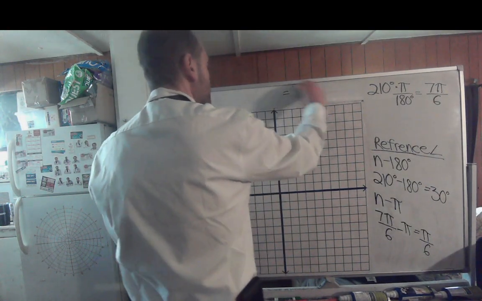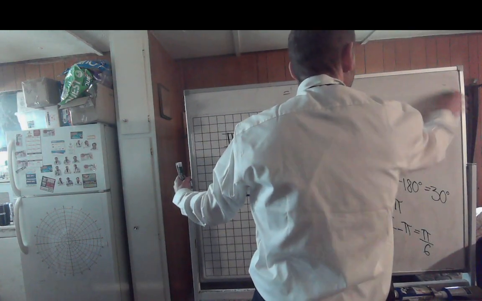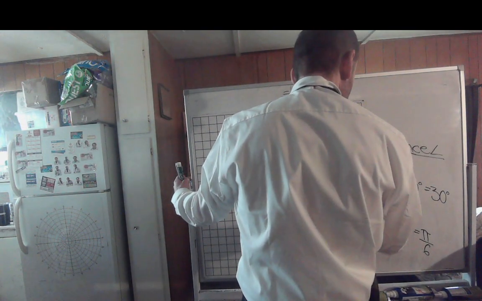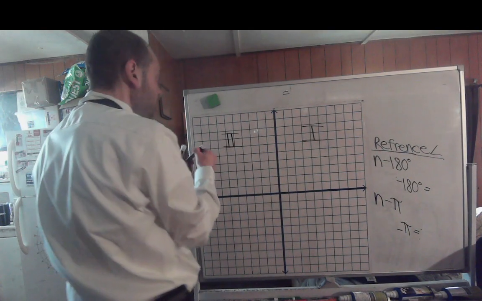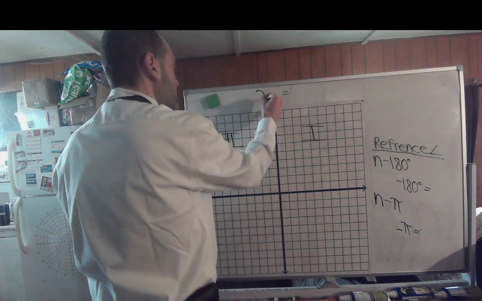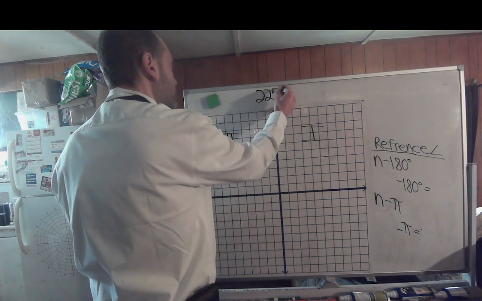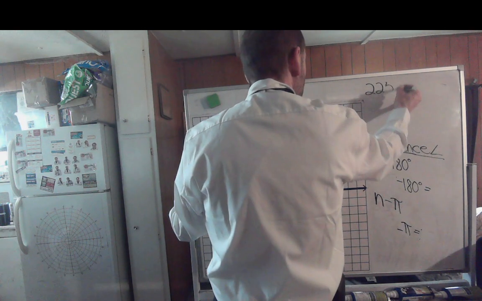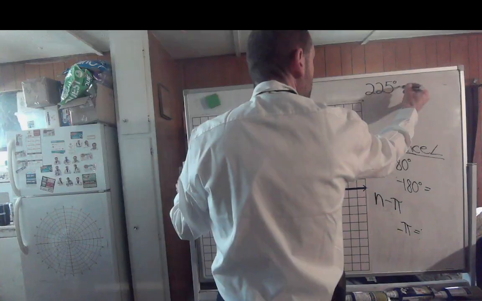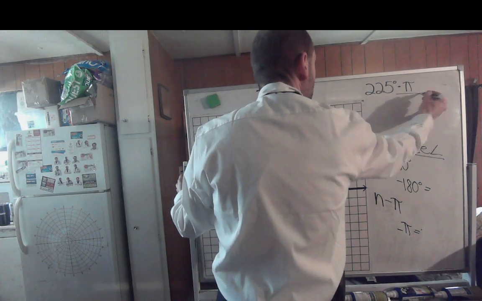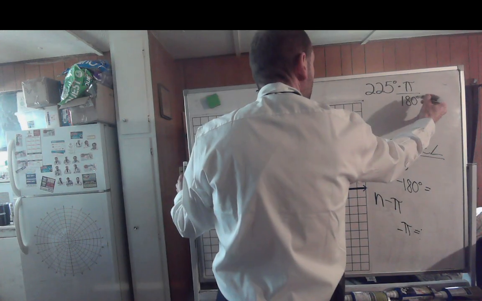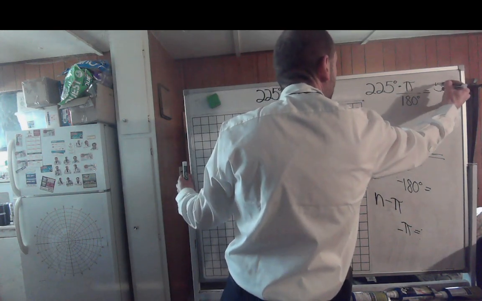All right. Let's do a 225 degree angle, which let's convert to radians. So 225 times pi over 180 degrees, well, that's going to equal 5 pi over 4.